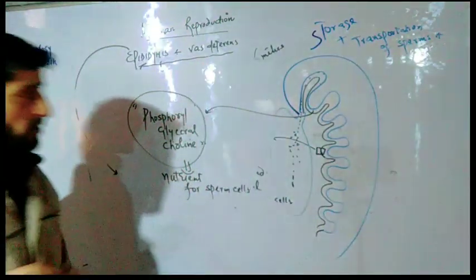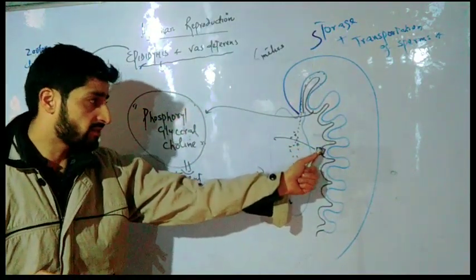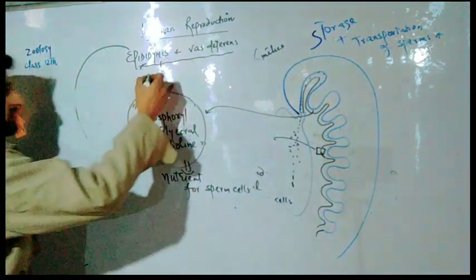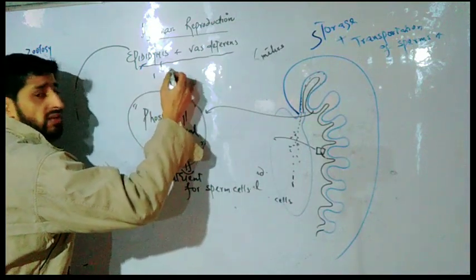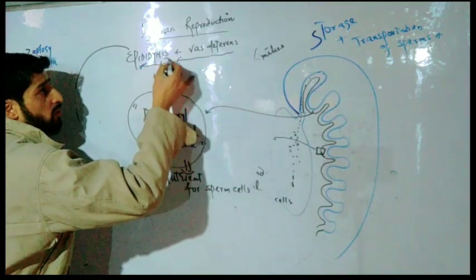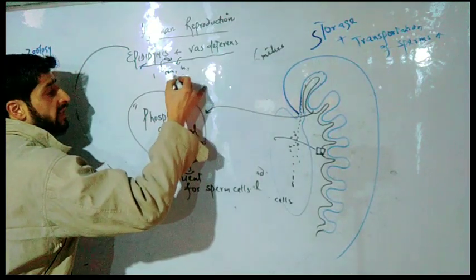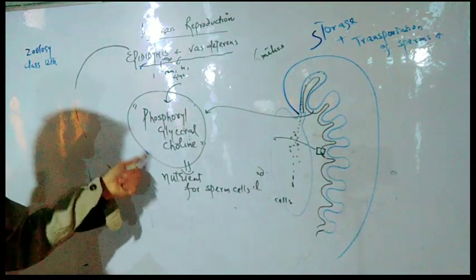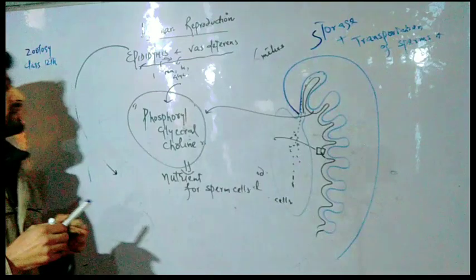The first and foremost function is that this epithelium produces nutrients that are essential for survival of sperms. These fluids produced by epididymis contain sodium ions, potassium ions, glycoproteins. They also contain phosphoryl glycerol choline that is also used as nutrient by the sperm cells.